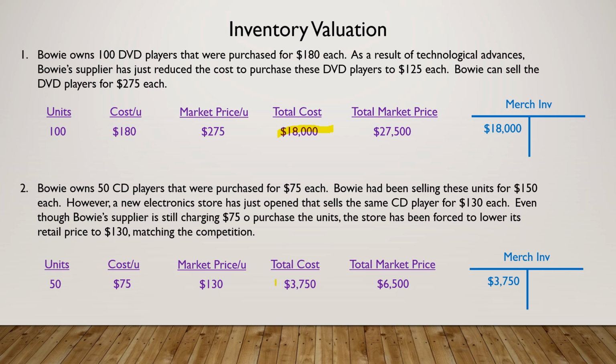Bowie still uses the lower number of its cost. Even though the market price dropped from $150 to $130, it did not drop enough to necessitate a write-down from its cost. As in number 1 above, no write-down journal entry is required.